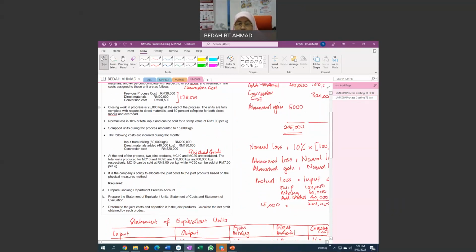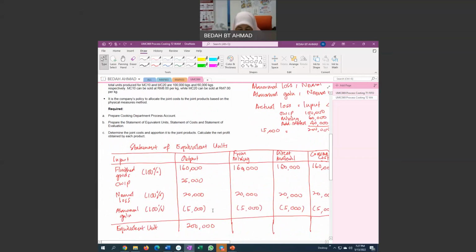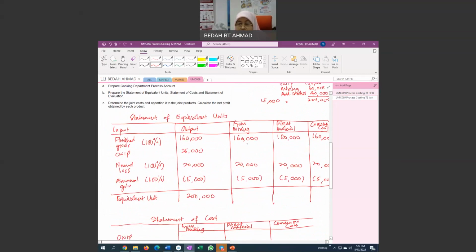For the closing work in progress, the units are fully complete with the direct material, but 60% complete for the direct labor and overhead. That means this is for the conversion costs. So for the material and mixing, consider as 100% complete. So that means it's 25,000.